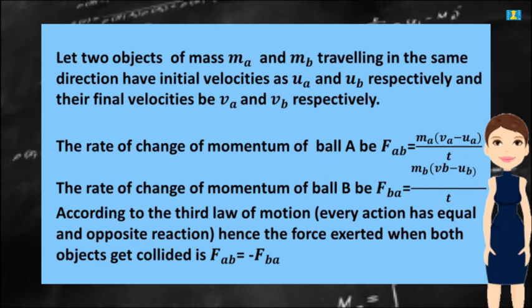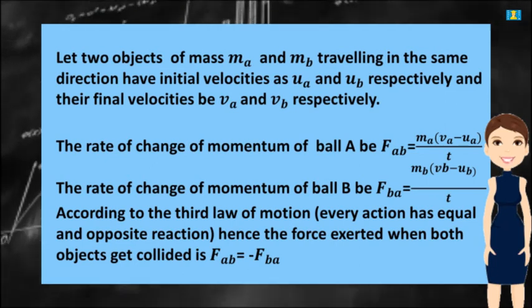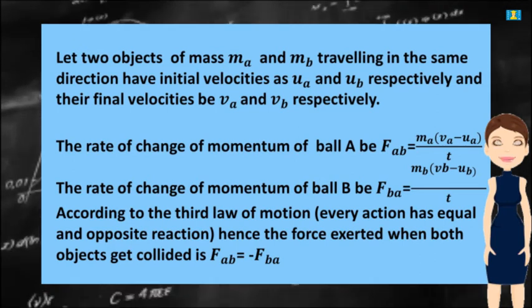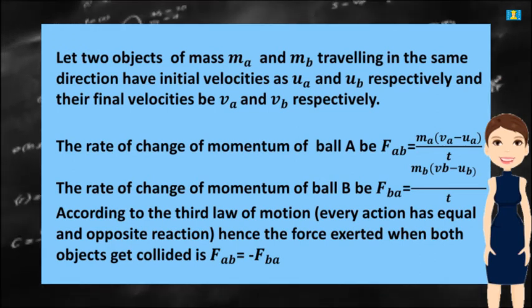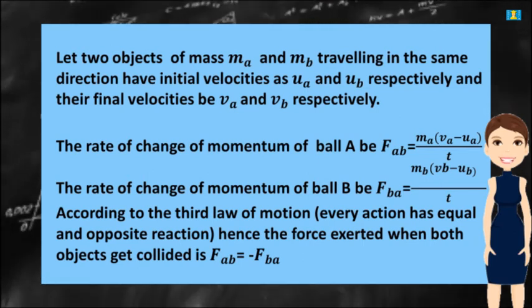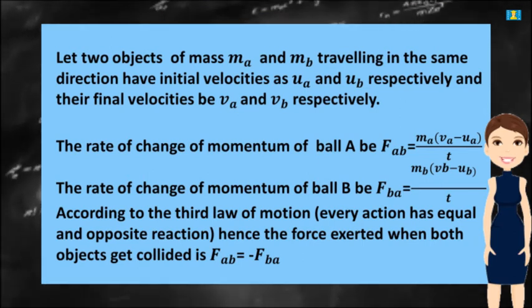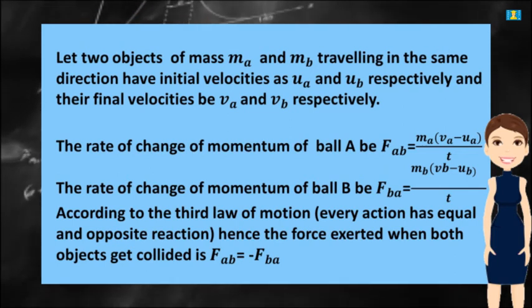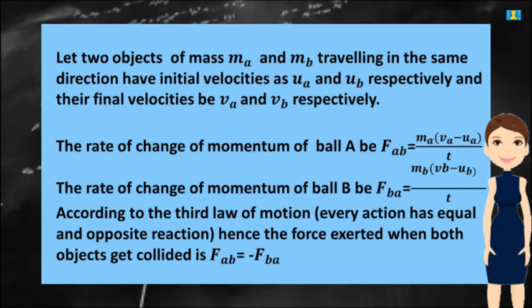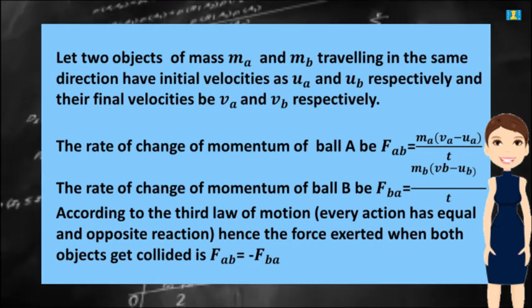The rate of change of momentum of ball B by A, FBA, equals mB into vB minus uB by t. According to the third law of motion, every action has an equal and opposite reaction. Hence, the force exerted when both objects collide is FAB equals minus FBA.